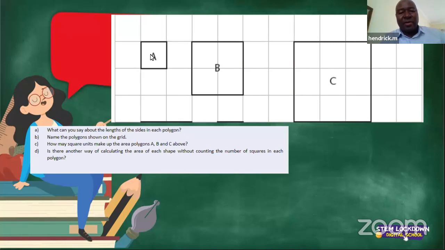Any other hand? How would you calculate the area of each polygon on the grid? A, B, and C. What is the area there? If you're still working it out, it's fine, work it out. But I see there's another hand here, but I don't see the name.